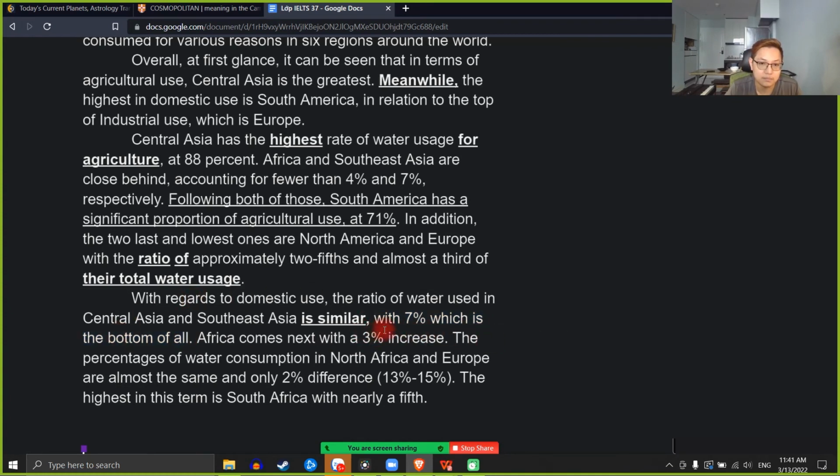Okay. It's similar with 7%, which is the bottom wall. Africa comes next. Oh, okay. Châu Phi đến tiếp tục. Comes next là cái tiếp tục. Africa comes next with a 3% increase. Với một cái sự gia tăng 3%.